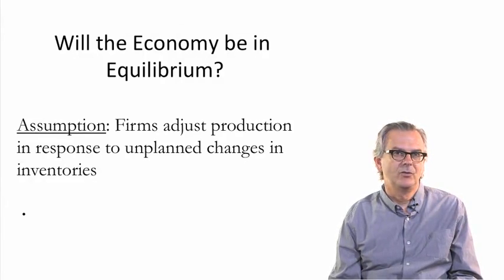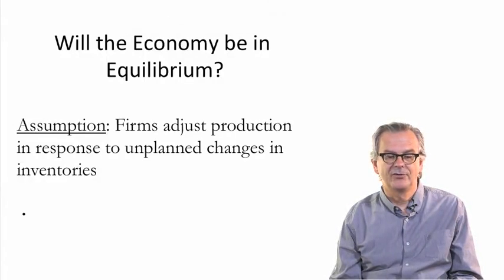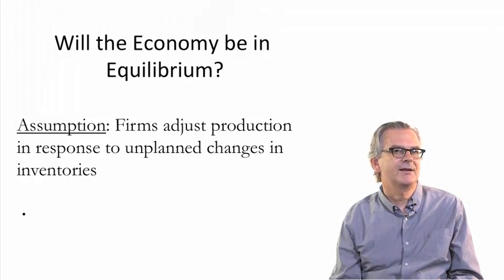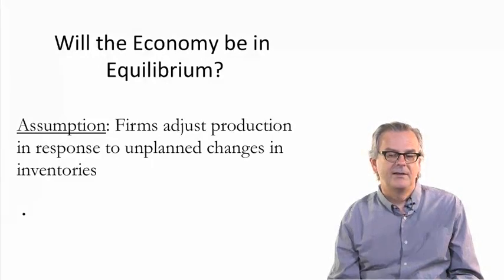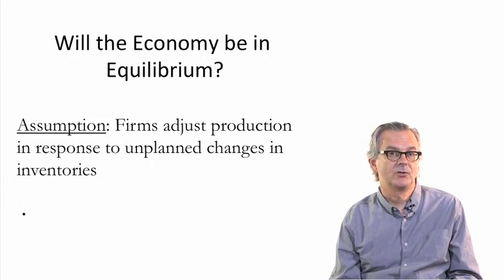What we're going to assume is that when firms observe unplanned changes in inventories, they take that as a signal that tells them that they've gotten their production plans wrong, that the amount that they're producing doesn't match exactly the spending plans of the economy. And that firms will, if they ever observe this situation occurring, adjust their production plans accordingly.